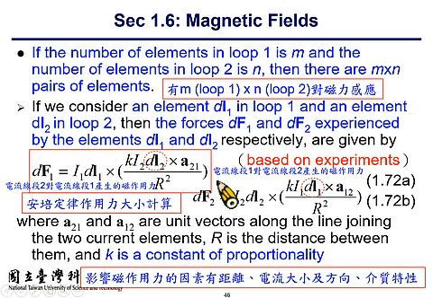And A21 is the line pointing from the section in loop 2 to the section in loop 1. Okay? So you need to be a little bit careful about this.